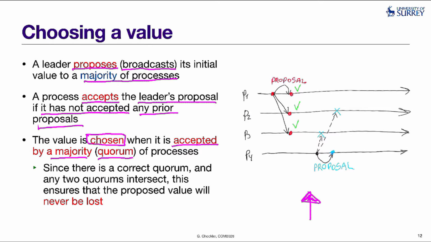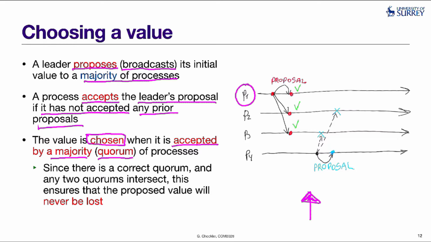So in this scenario we have initially P1 as the leader, and P1 proposes its own value, so the value that was given to P1 through the propose event. And it just contacts three processes, P1, P2, and P3.